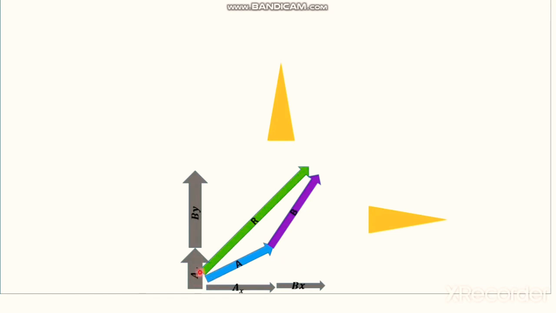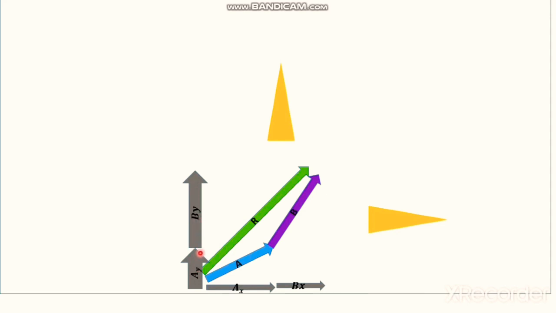AY is the projection of vector A along y-axis and BY is the projection of vector B along y-axis. So AY and BY are the components of vector A and B along y-axis respectively.